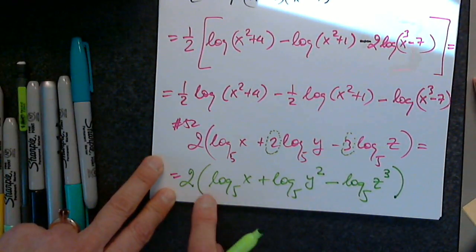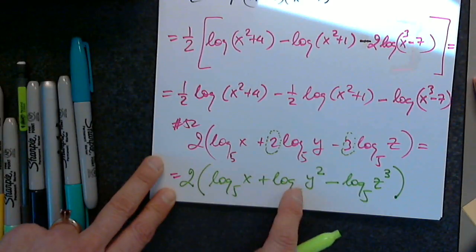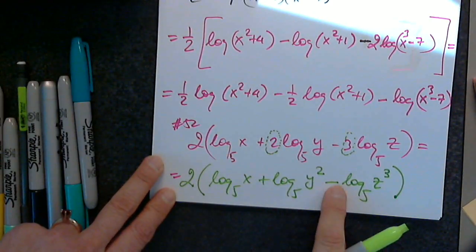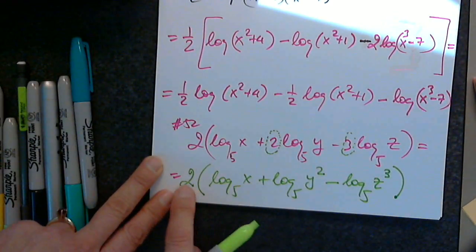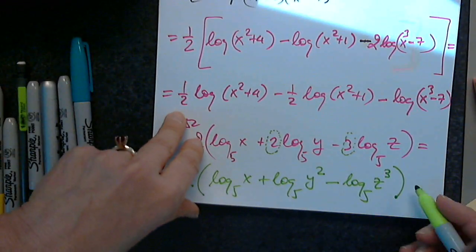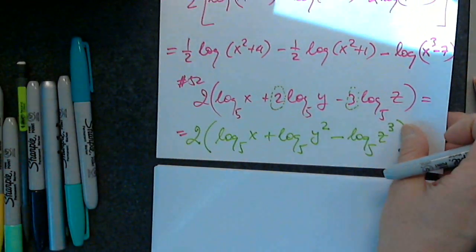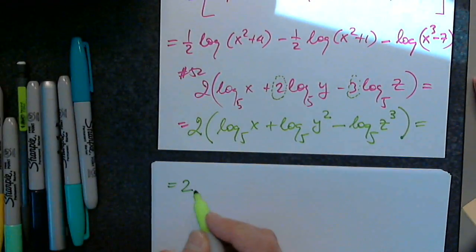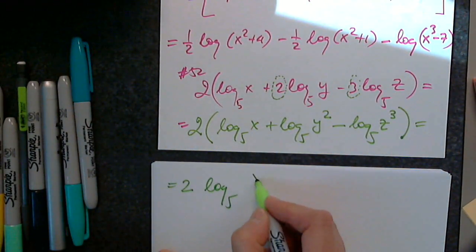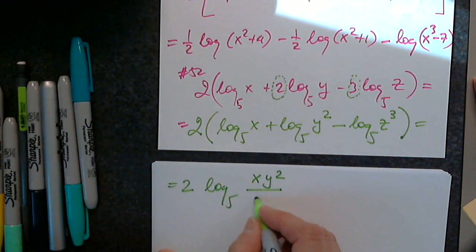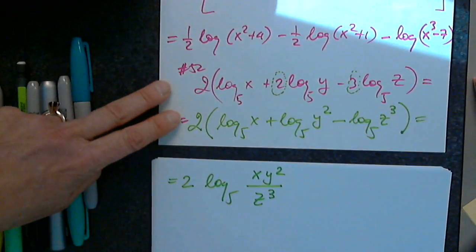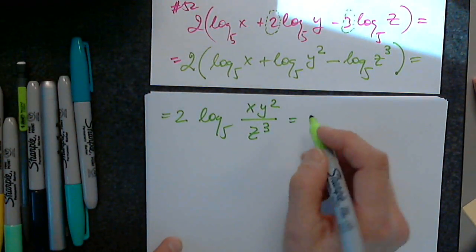Yep. Now plus, these quantities will come from the top. A minus, this will come from the bottom. And then I'll take care of this. Good. So then I have 2 log base 5 of x y squared over z cubed, and then everything squared inside here.